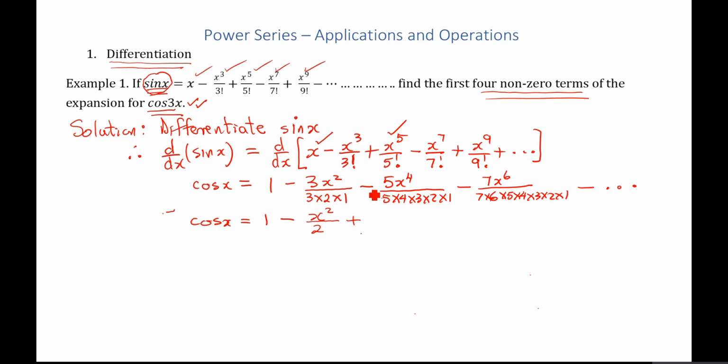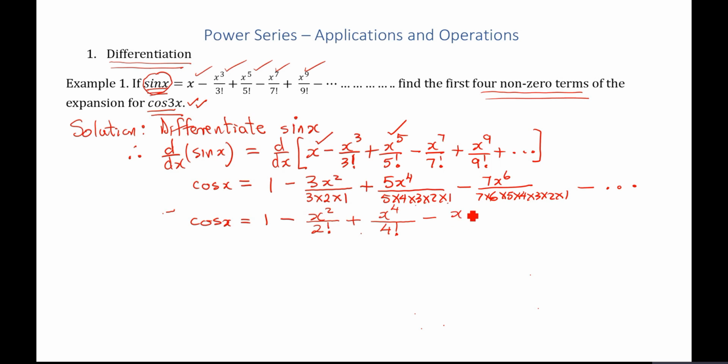Plus, oh sorry, this would be a plus 5x to the 4. The 5's will cancel. So I'll get x to the power 4. 4, 3, 2, 1 is 4 factorial. And then because I will maintain standard, I'll make that a 2 factorial. Let's go to the next one.